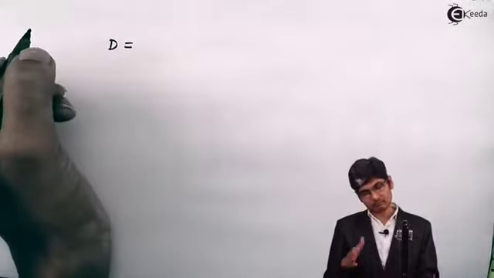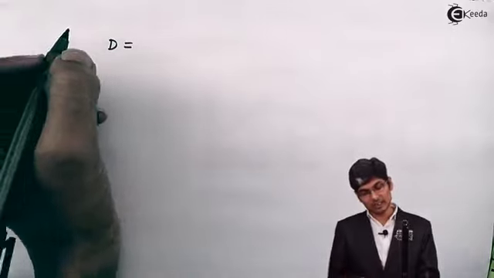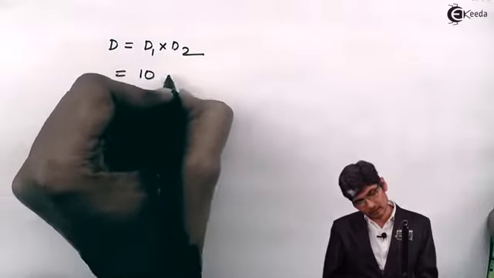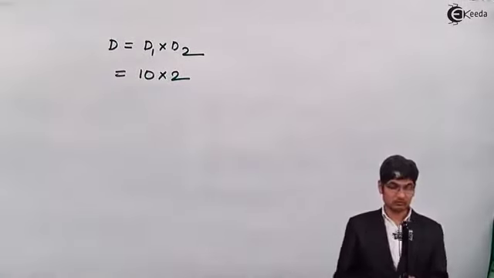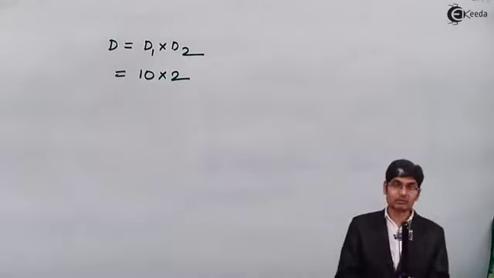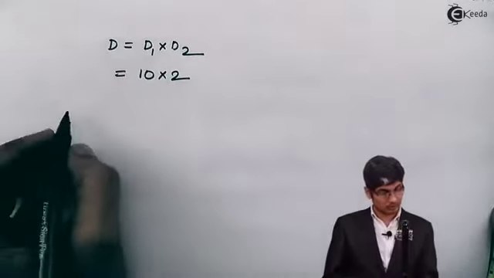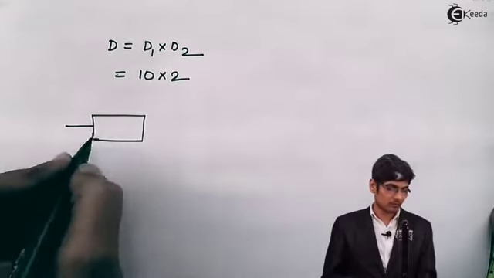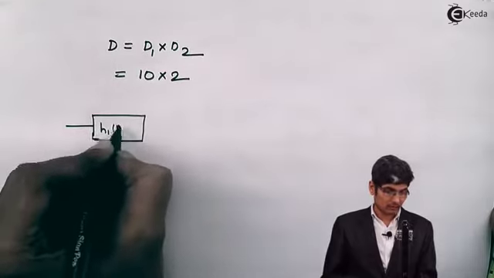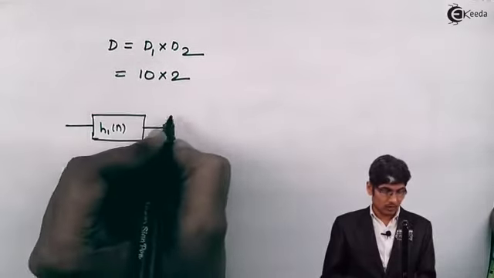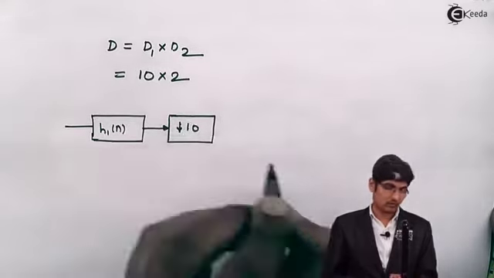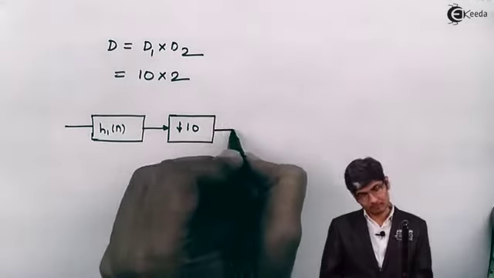Now what I'm going to do is factorize my D as D1 cross D2, let's say 10 cross 2. So the first stage I will make of 10, and the second stage I will make of 2. How will my structure look? I will have H1(n), which will go as an input to a decimator of decimation factor 10.